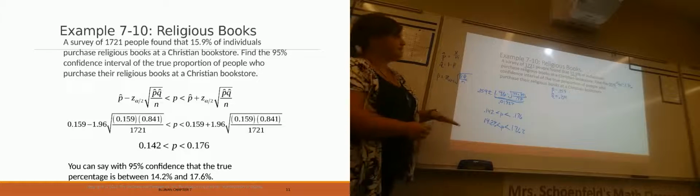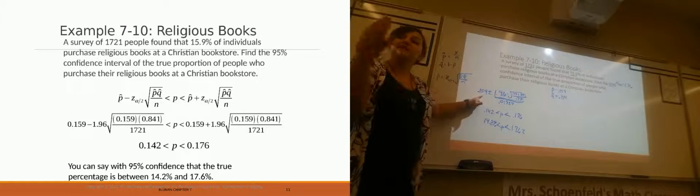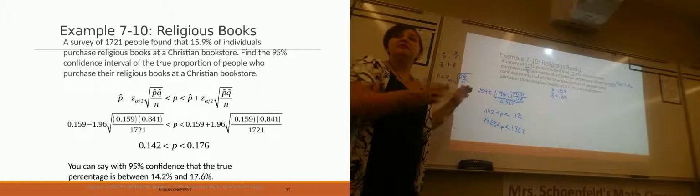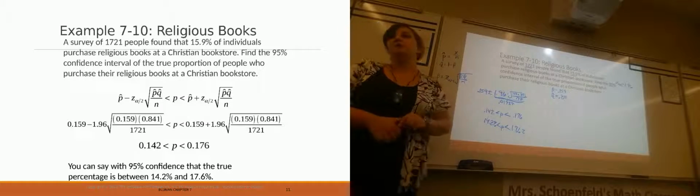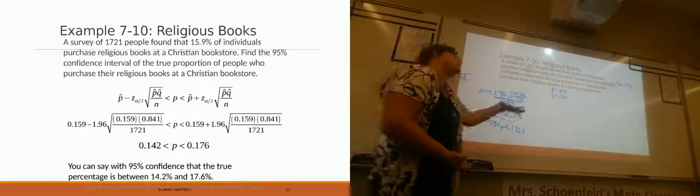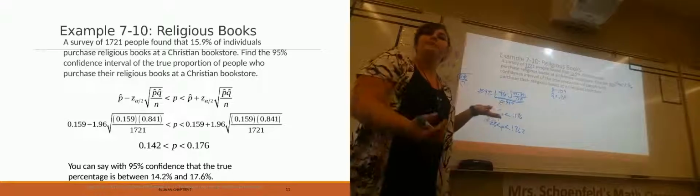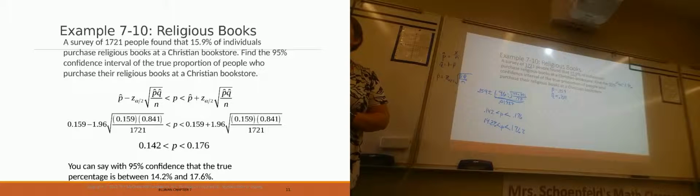The best point estimate we have is just this 0.159. So this 95% confidence is giving us that it could be between here and here. If we just asked you, what's the single point that you would say it probably is, you would say I think it's probably 15.9. A question like that on the test could throw us off.